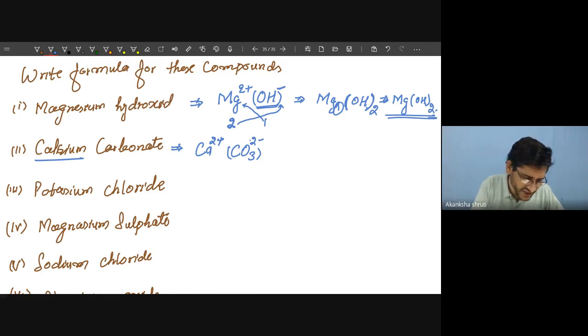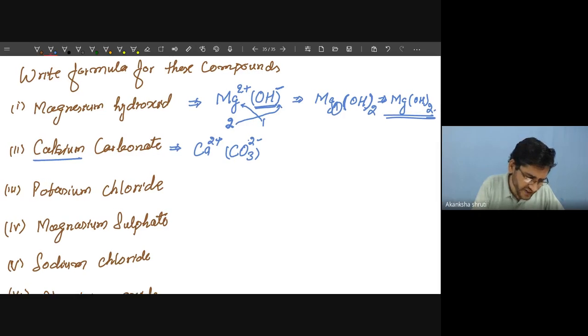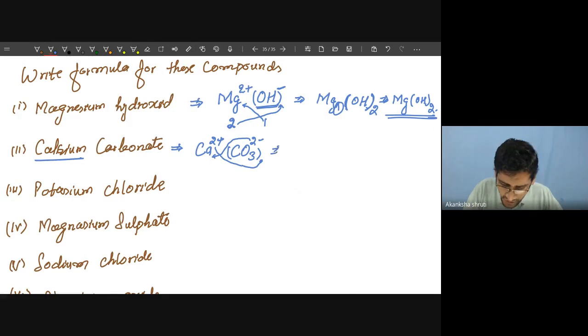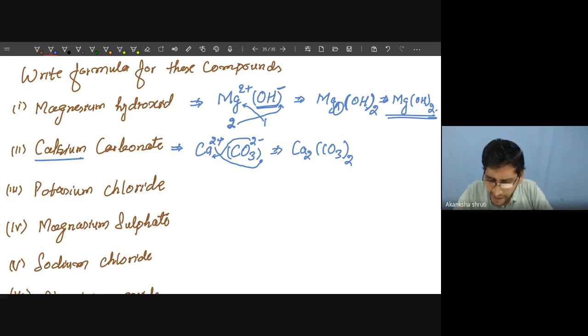You may just leave it. You may directly write the 2 which is for this negative here and this 2 here. Means you can write this calcium as 2 and this CO3 also as 2. Are we getting it? It is appearing like this. But wherever there is some common factor between these 2 numbers, we can divide by that common factor.